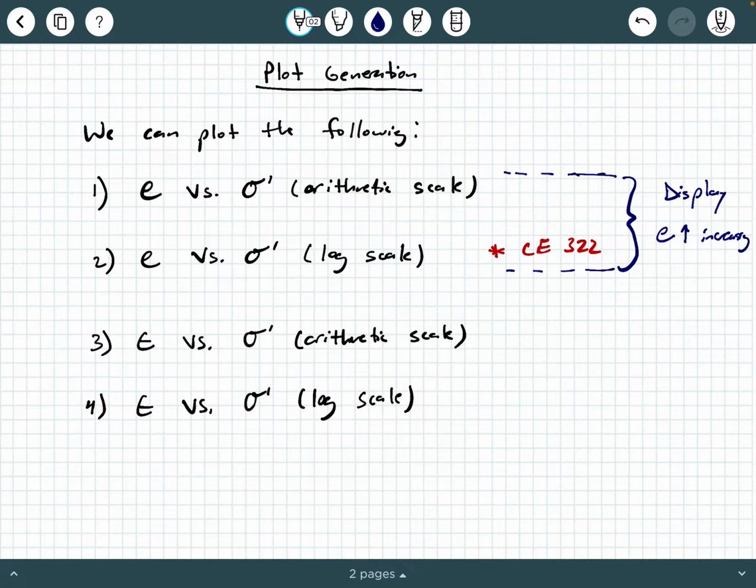And then for the strain plots, so these 2 right here, we typically display epsilon as positive going down, increasing. Okay, so again, I'll just show you right now.